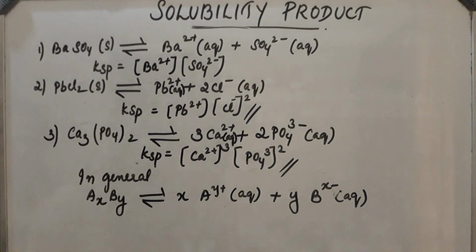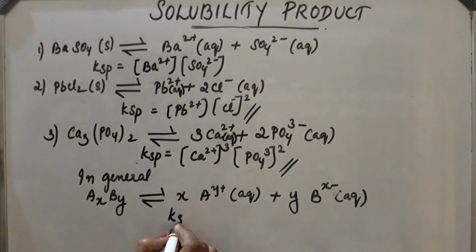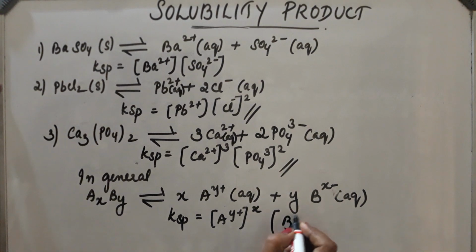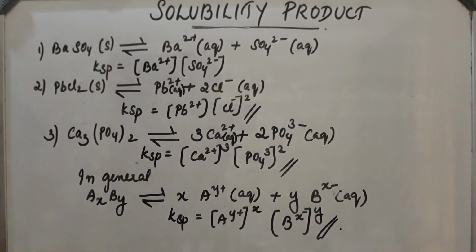Now, how can we write this solubility product? So, solubility product will be equal to concentration of Ay+, this is the positive ion, raised to x, times the negative ion, concentration of Bx- whole raised to y. So, this will be the solubility product. Like this we can calculate the solubility product.